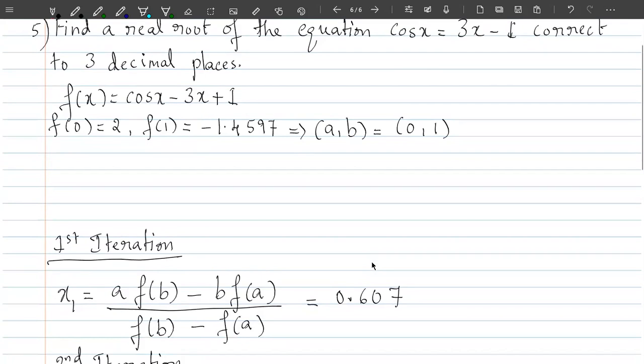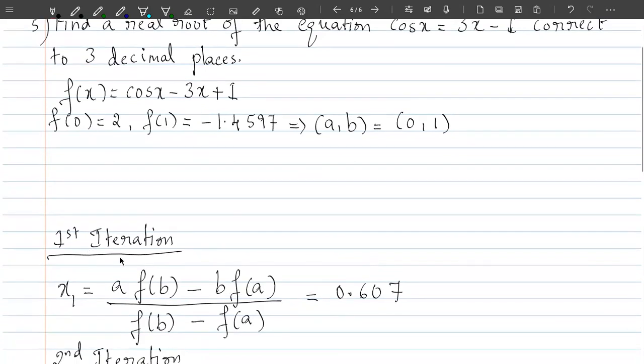Now, how do you make the interval a comma b, which I need for my first iteration? Since you already know that your answer lies between 0 and 1, let's see how to make the interval. Here the value is 2 and here the value is minus 1.4597. This value is more close to 0 when compared to the value 2.